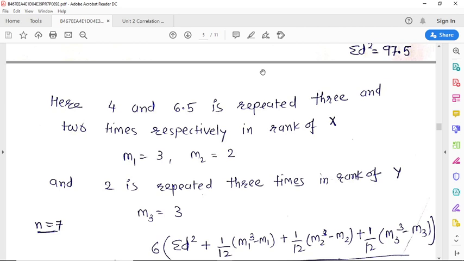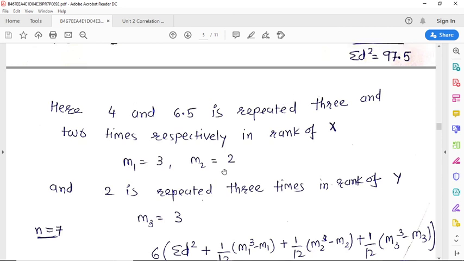You can take M1 as 2, M2 is equal to 3. That doesn't matter, no change will reflect in the answer. Clear? And 2 is repeated 3 times in the rank of Y. So we'll consider M3 is equal to 3.